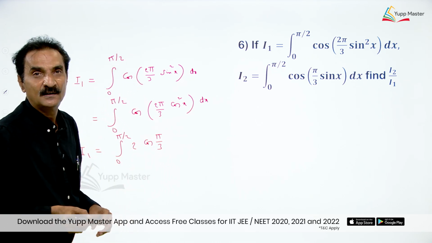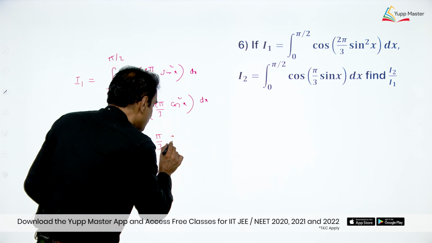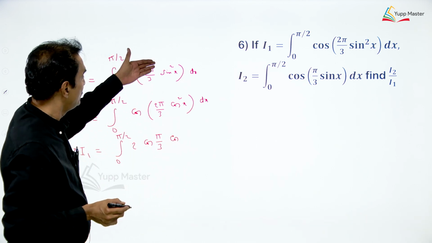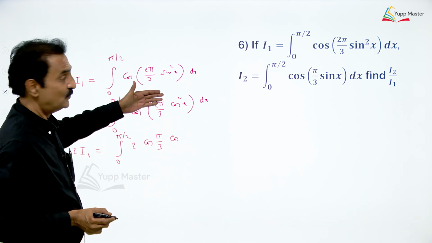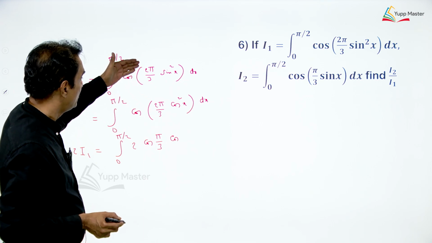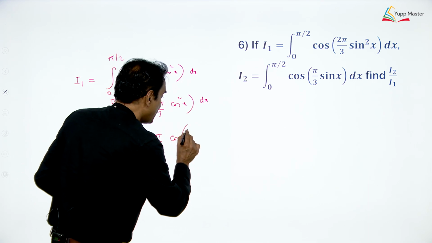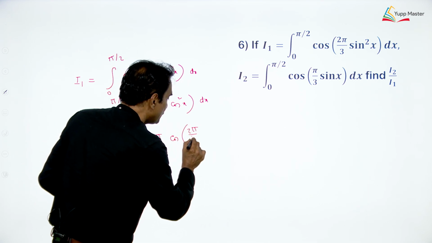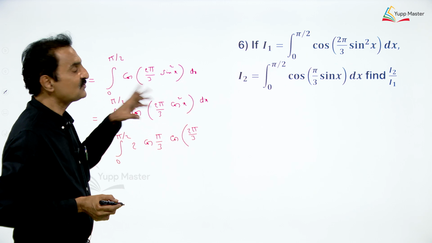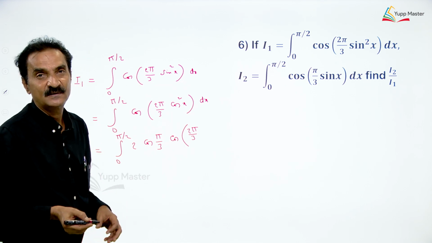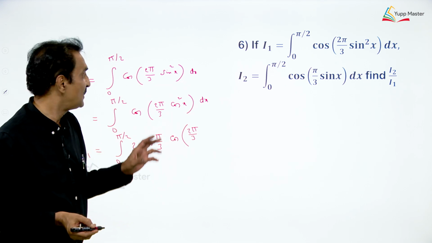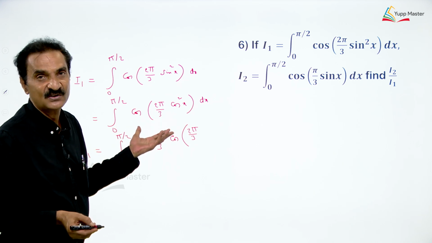Is it not? Into cos C minus D by 2. What will we get? This minus this by 2. 2 pi by 3 is common. Sin square x minus cos square x. Sin square x minus cos square x minus sin square x is cos 2x.